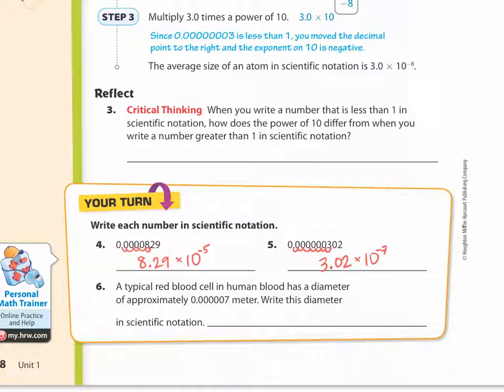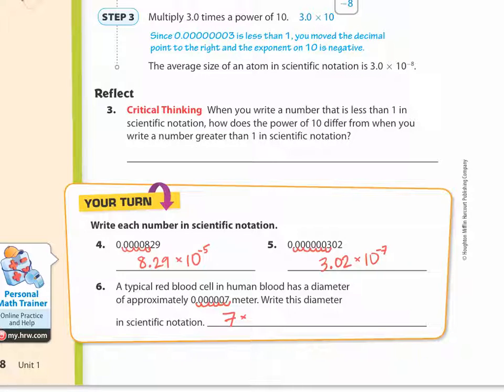Number 6, a typical red blood cell in human blood has a diameter of approximately 0.000007 meters. Write this diameter in scientific notation. So I need to move this decimal point over all the way till I get past the 7, because that makes it 7 on the dot. That 7 is between 1 and 10, so it works.